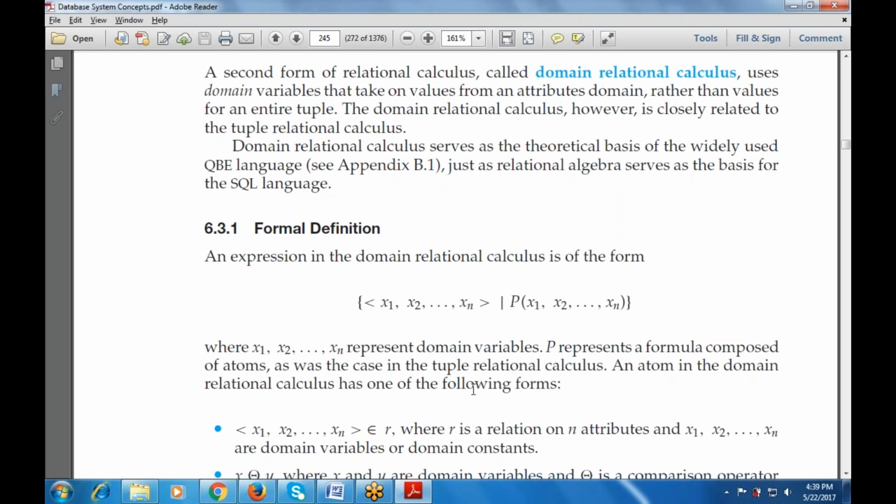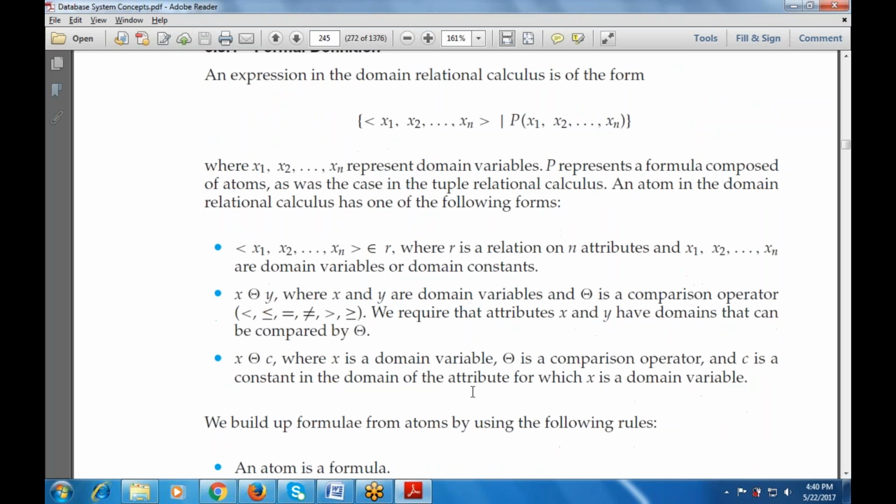An atom in the domain calculus has the following forms: <x1, x2, ..., xn> belongs to r, where r is a relation on n attributes and x1, x2, ..., xn are domain variables or domain constants. Or x is compared with y, which are domain variables, where the comparison may be less than, greater than, less than or equal to, or greater than or equal to. Or x is compared with a constant c.